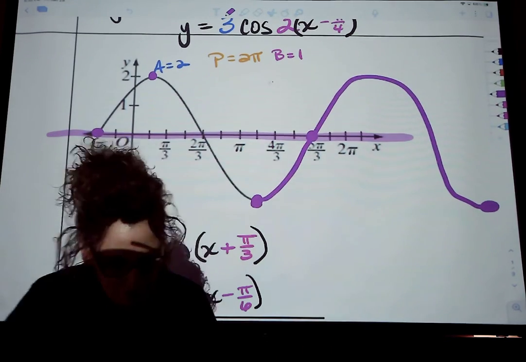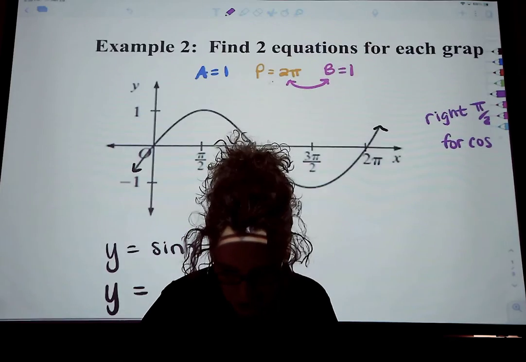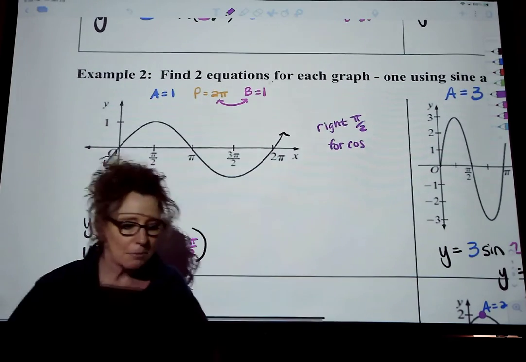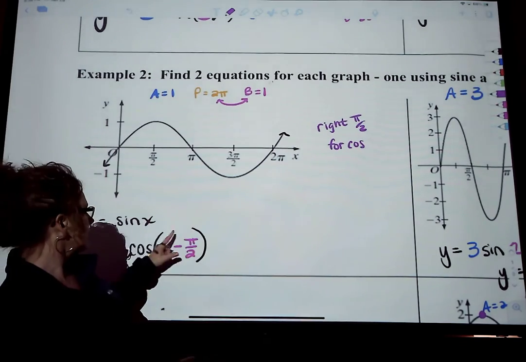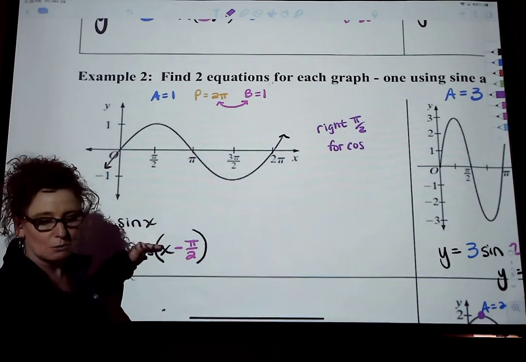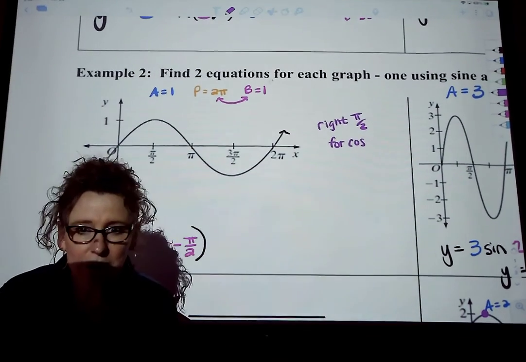So I'm going to take my graphing calculator and show you how to check probably just this first one, and I'm checking the ones that we wrote 2 equations on. So I'm going to switch screens.